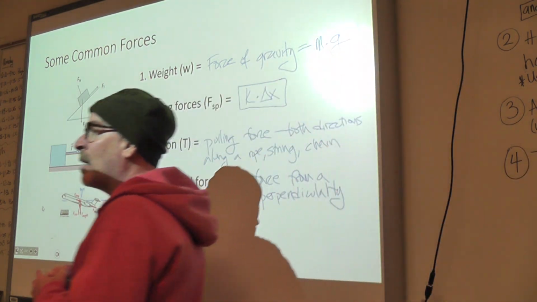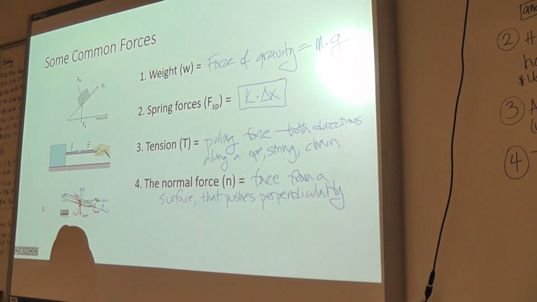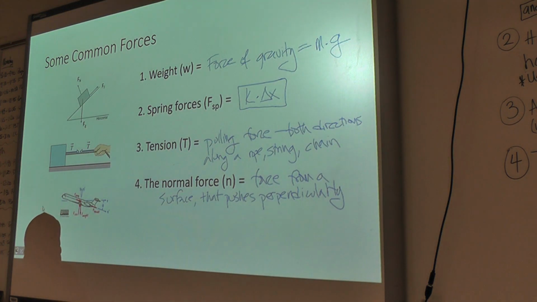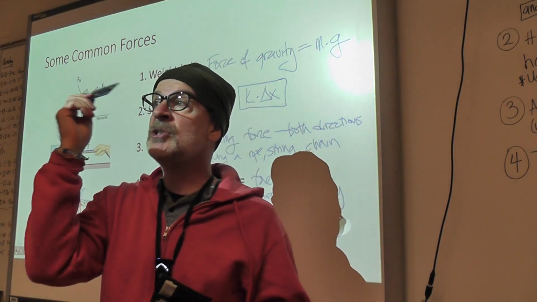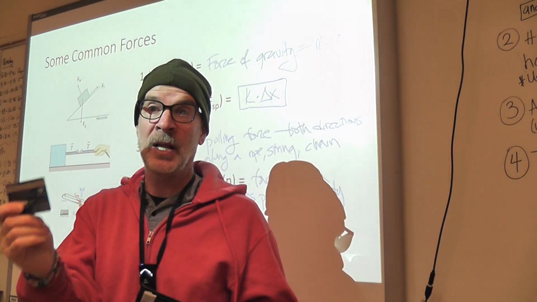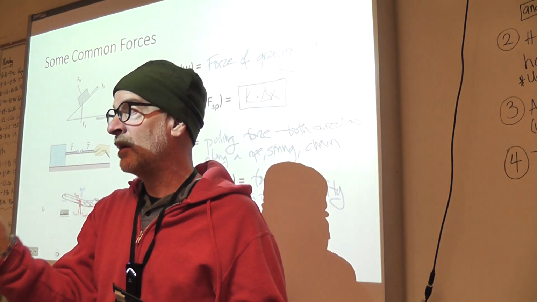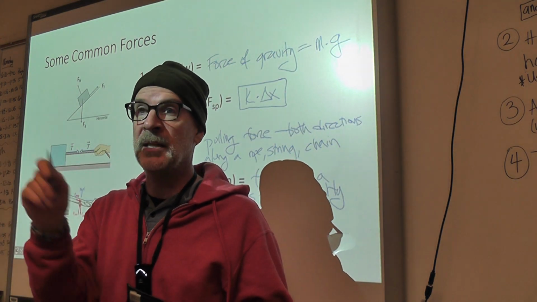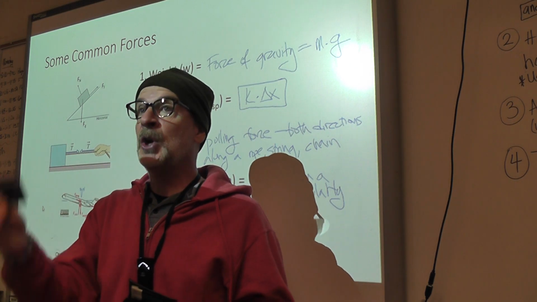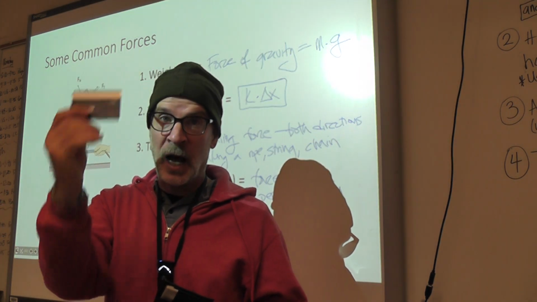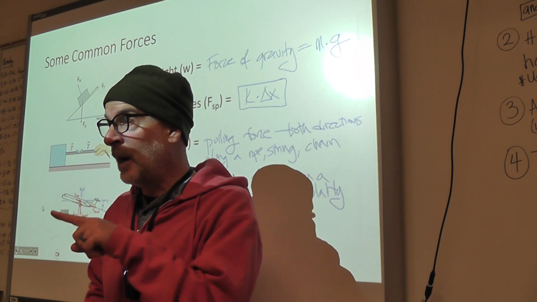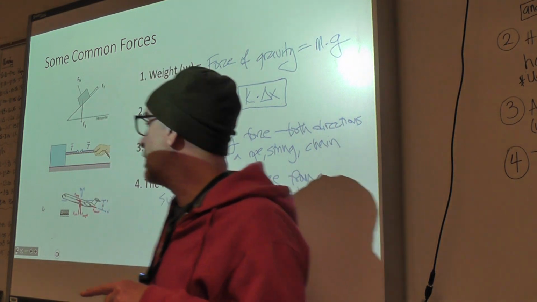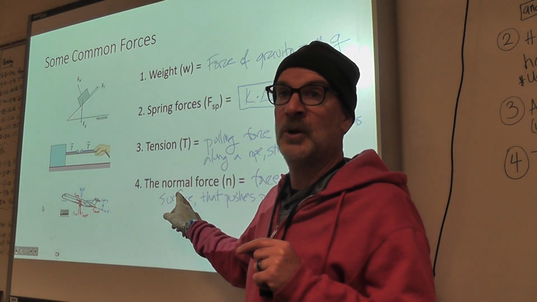In fact, I will bet, so I don't have any money. You all know this. You didn't need me to tell you that I have no money. But I do have a credit card. And I will bet the entire balance, I'm not actually kidding at all, I will bet the entire balance of this credit card, not the money that I've already spent, but I will give you a blank check for my entire credit limit if nobody in either of my physics classes this year accidentally calls the normal force the natural force.